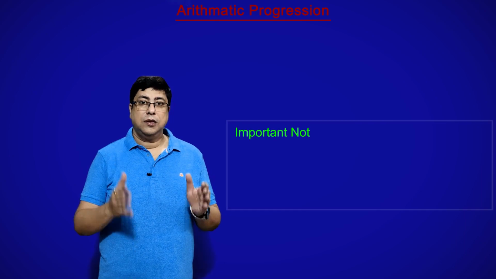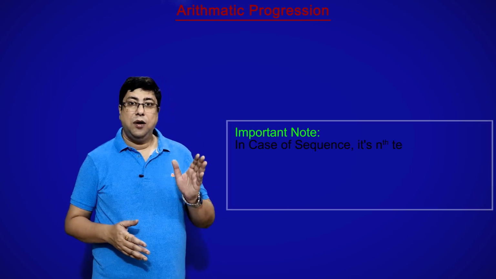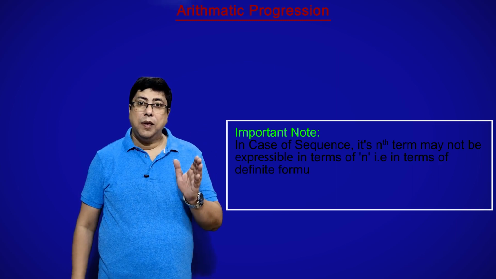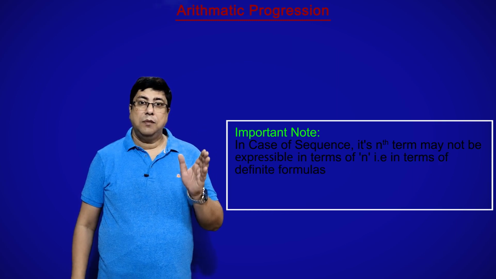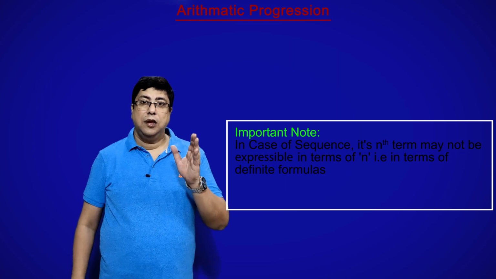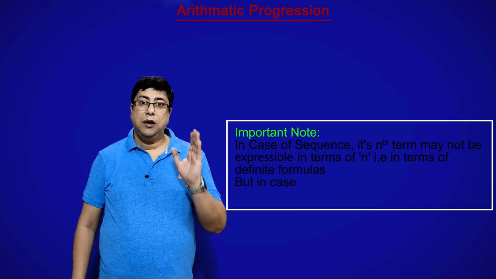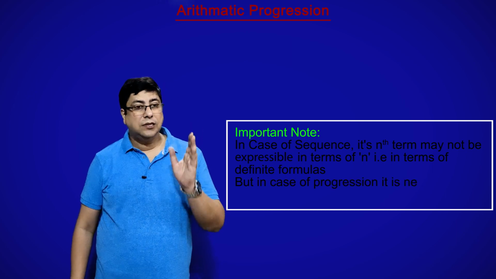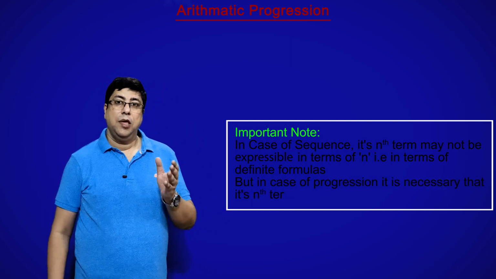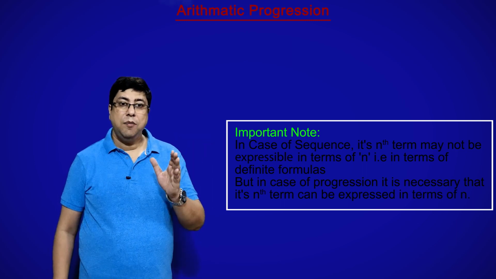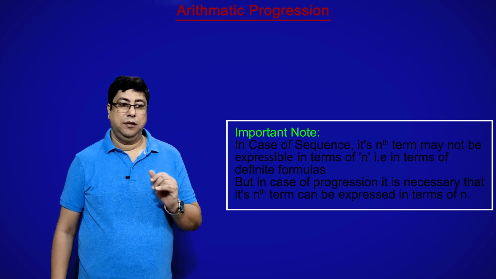One very important point to be noted in this connection is that in case of a sequence, its nth term may not be expressible in terms of n, that is in terms of some definite formula. But in case of a progression, it is necessary that its nth term can be expressed in terms of n, in some formula of n.